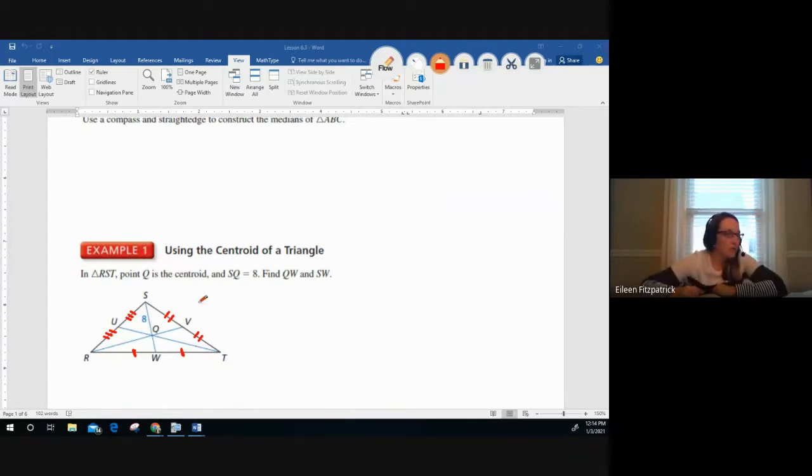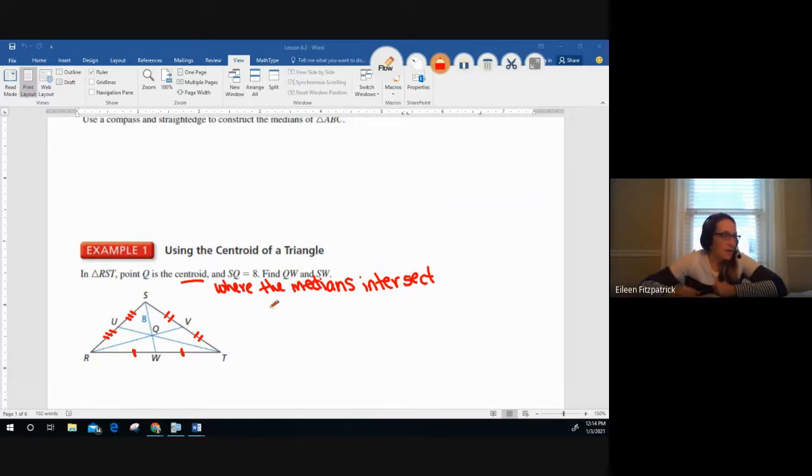All right, so again, the centroid is where the medians intersect. All right, so using the theorem above, we're focusing on median SW since we're given SQ is 8.